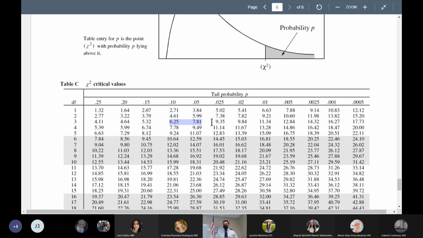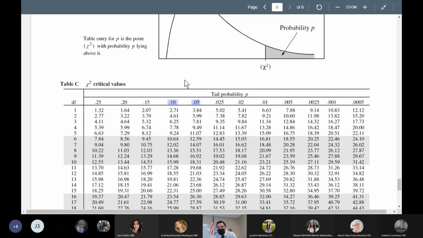Then very similar to how we use table B to find a p-value, we follow this back up to the top of the table where we have our tail probability, which is our p-value. And that says that our p-value has to be between 0.05 and 0.1. It is proper to write the smaller value first when you're talking about a range of values. 0.05 is smaller than 0.1, so we would say the p-value is between 0.05 and 0.1.